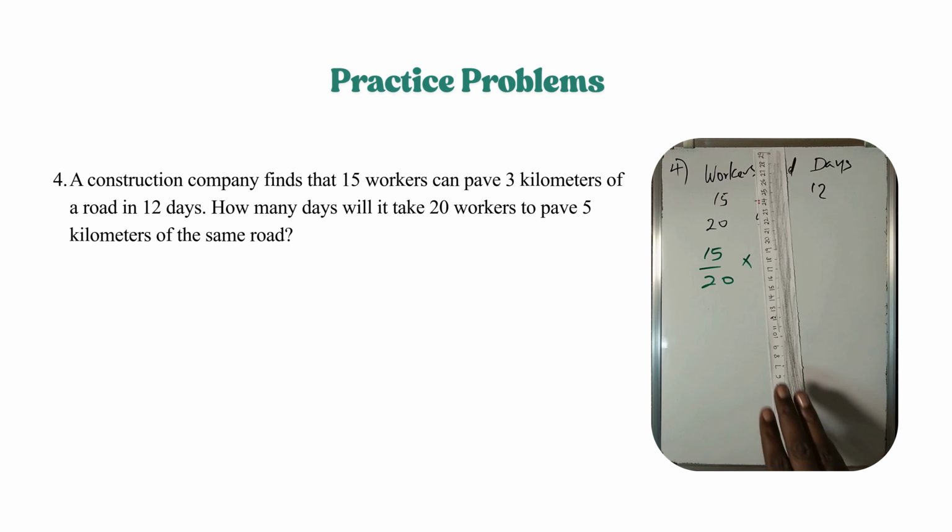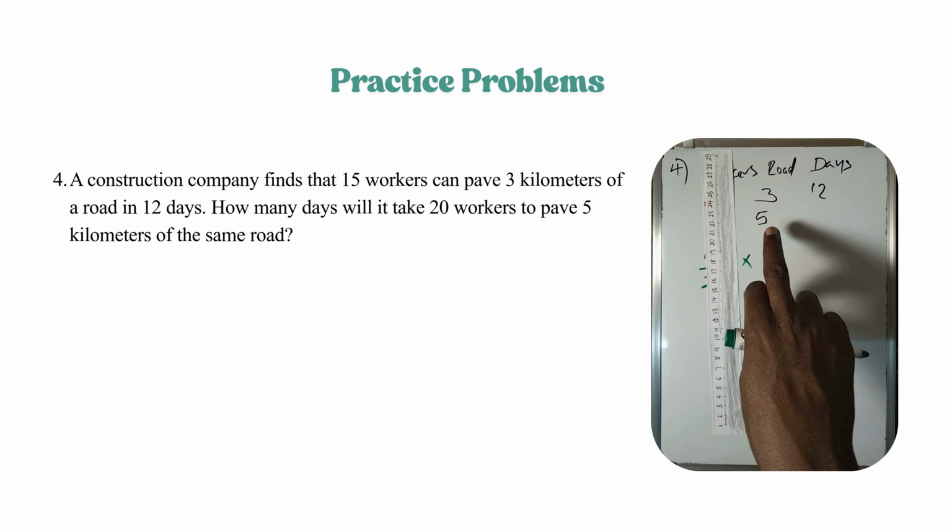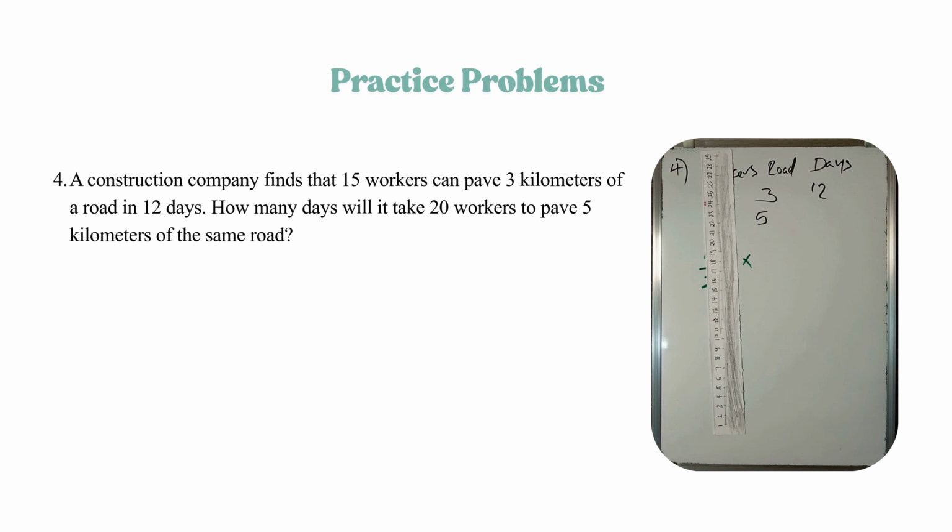Now let's go to the next one. We are done with workers. Now let's compare the distance and the days. To construct 3 kilometers, you require 12 days. What about 5 kilometers? Do you need more days or fewer days?